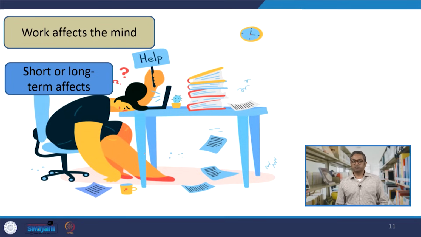So such effects we have to also see. If the work is affecting the mind for a short duration, it is okay, because a short duration effect can be overcome. But a long term effect may lead towards clinical disorder.